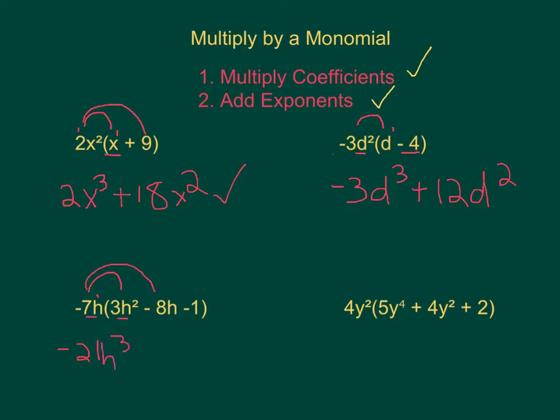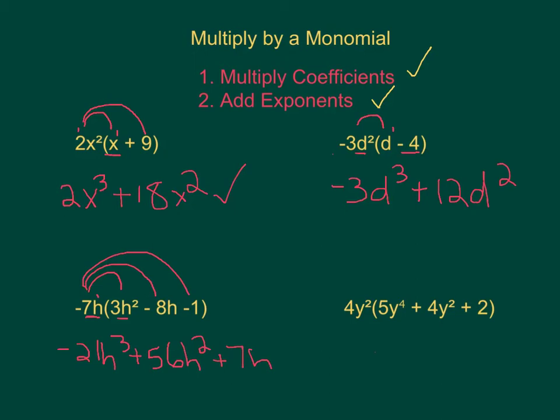Multiply again, negative 7h times negative 8h. Negative 7 times a negative 8 is a positive 56, and h times h is h squared. And then negative 7h times negative 1, negative 7 times negative 1 is positive 7, and then the h in front will follow to the end.